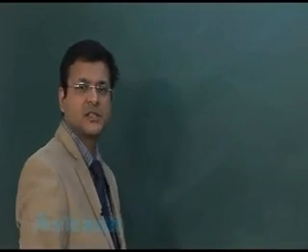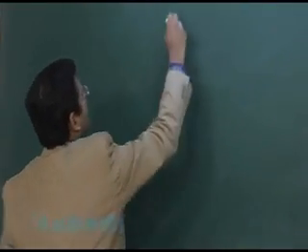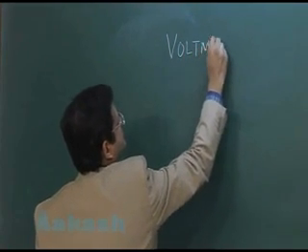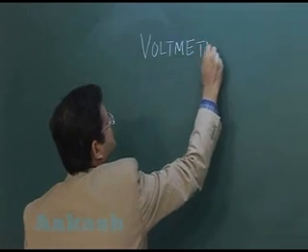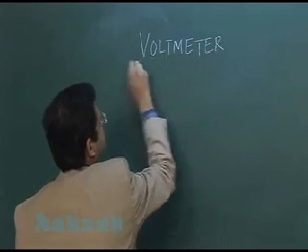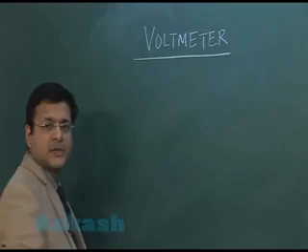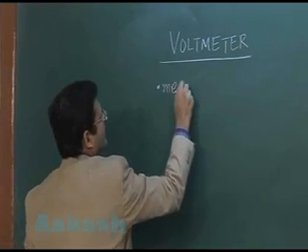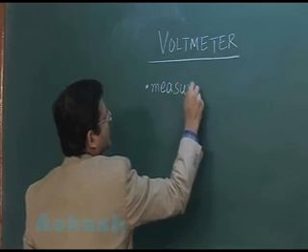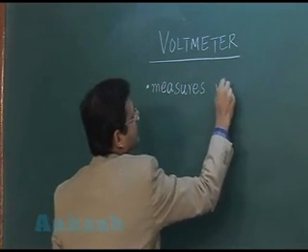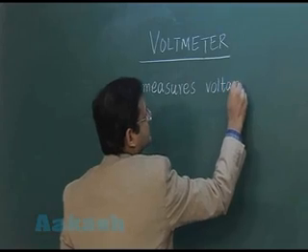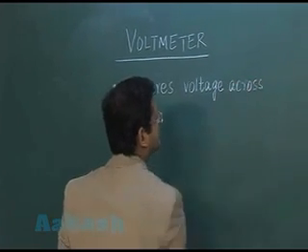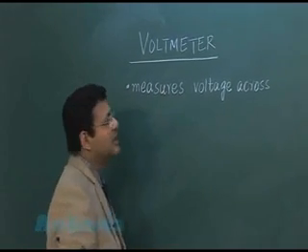Now let us discuss the various aspects of a voltmeter. The purpose of a voltmeter is that it measures voltage across any resistor or across any component.